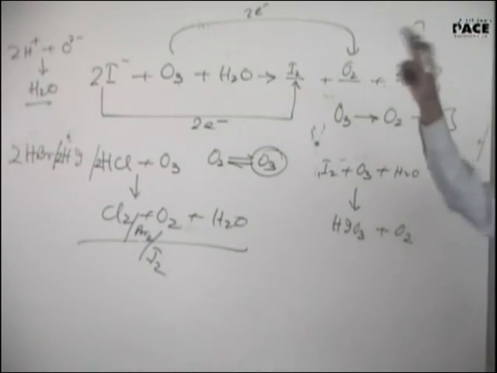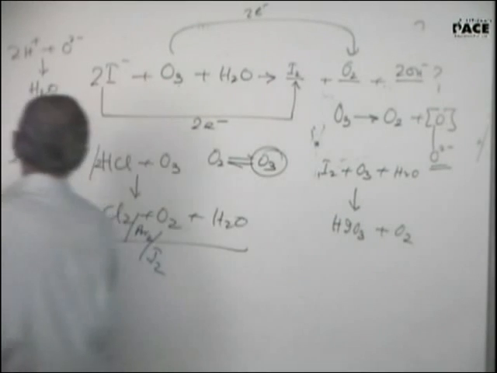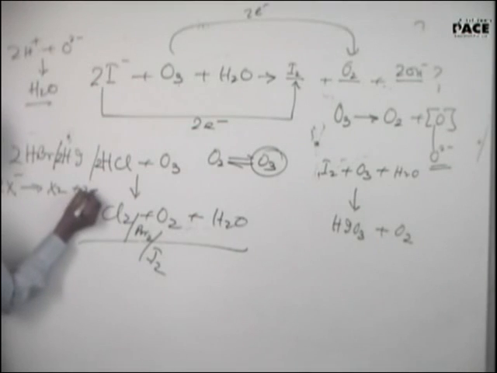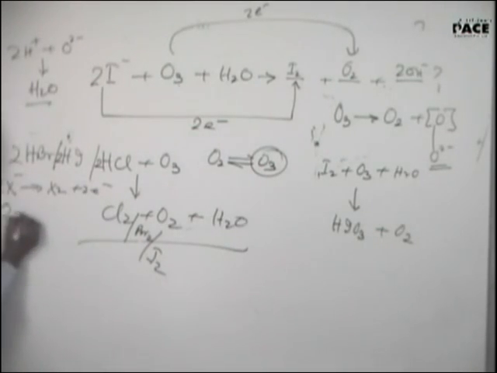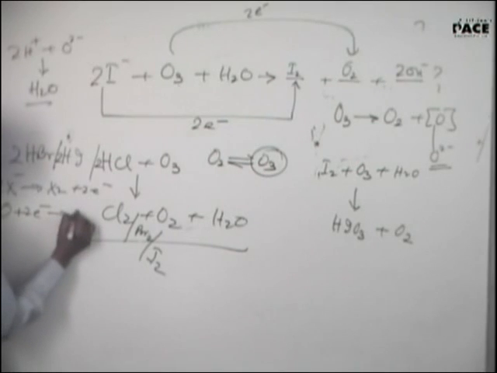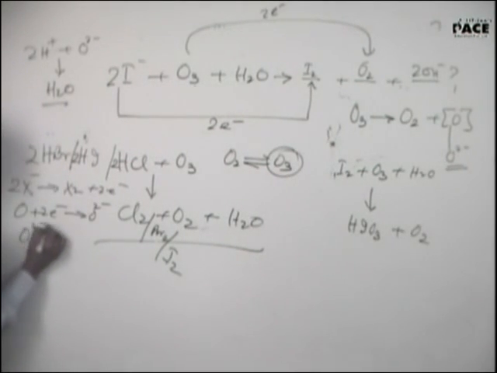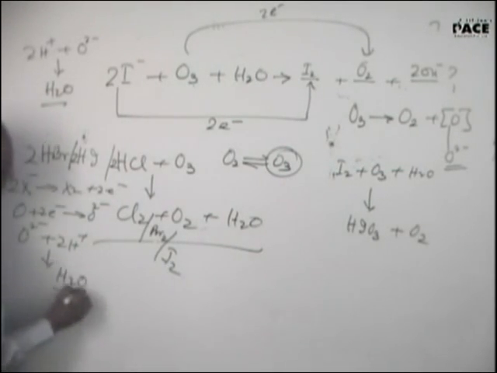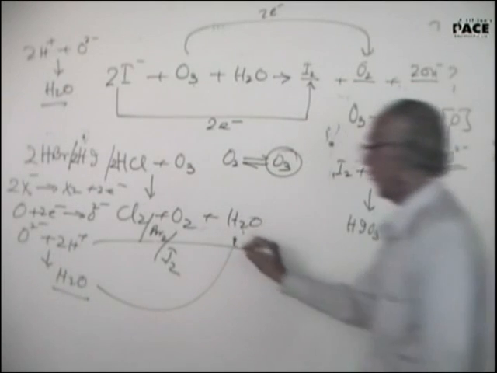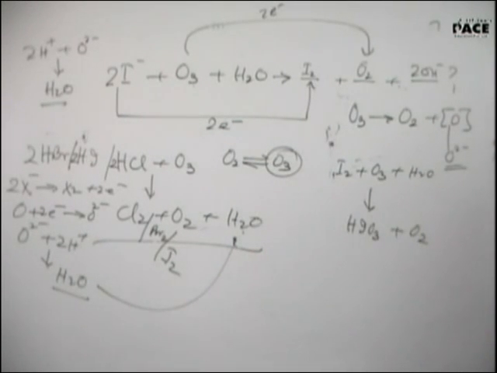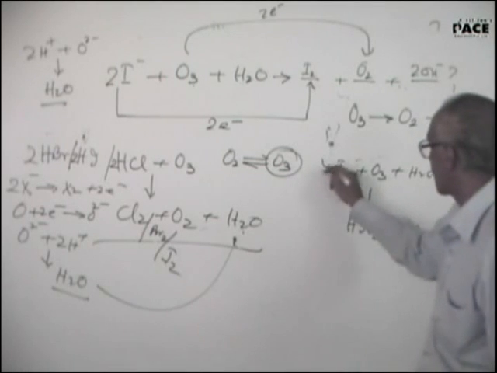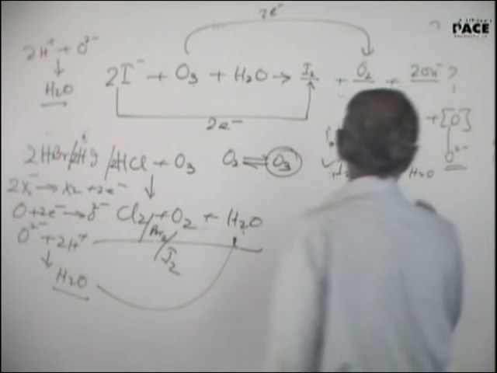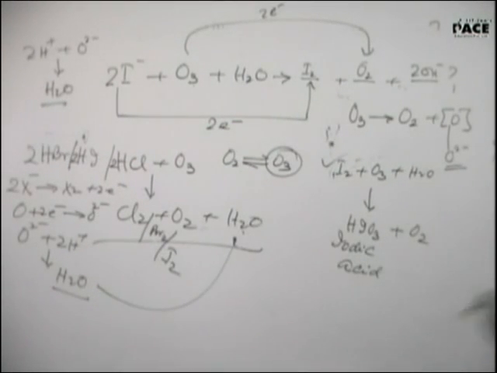The nascent oxygen oxidizes 2X minus to X2 plus 2 electrons, and O plus 2 electrons gives O2 minus, O2 minus plus 2H plus gives me water, and that is why I get water as a product. Yes. Okay, do this reaction. Iodine plus ozone plus water to give, quick, you are too fast.